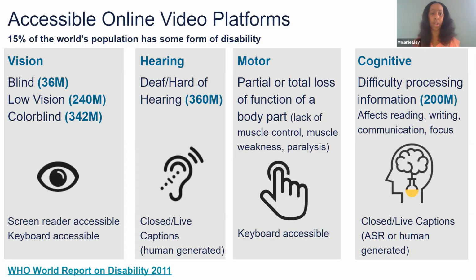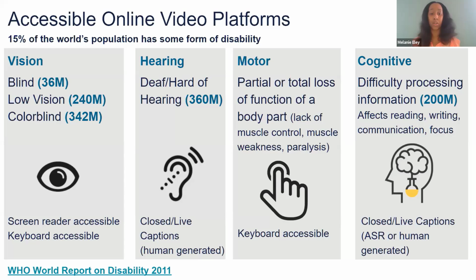So in order for our platforms to be accessible to people within these groups, certain features need to be available. For vision, our platforms need to be accessible by screen reader and keyboard. For hearing, it needs to have the ability to have closed captions and live captions.